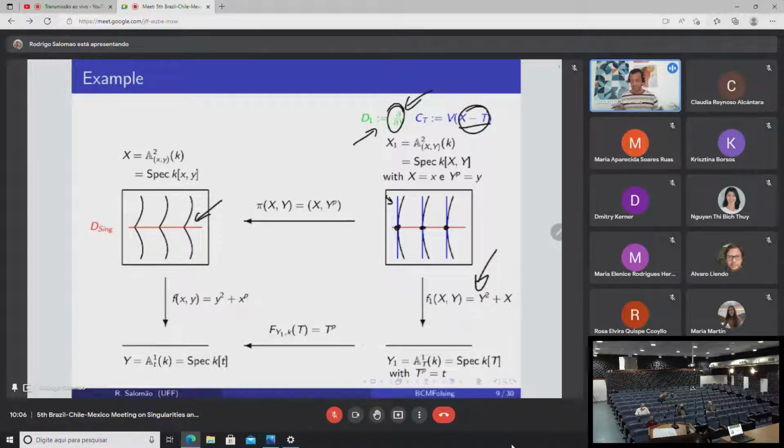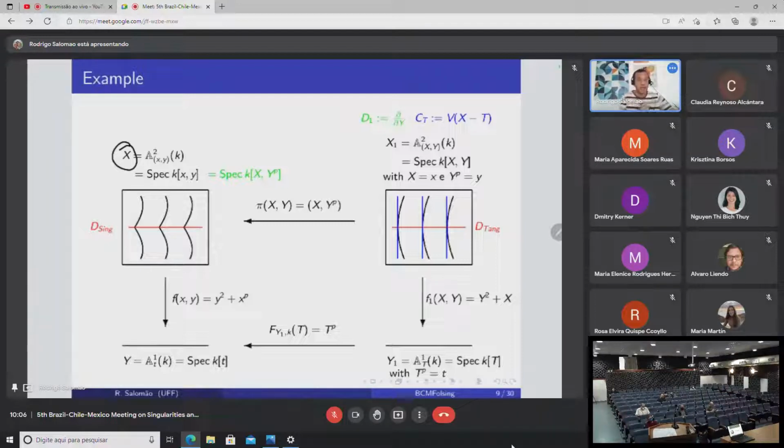So in this way, this horizontal divisor is called the tangent divisor, okay? The tangent divisor.